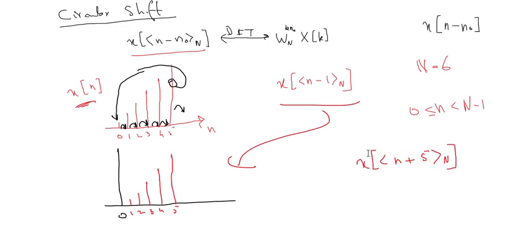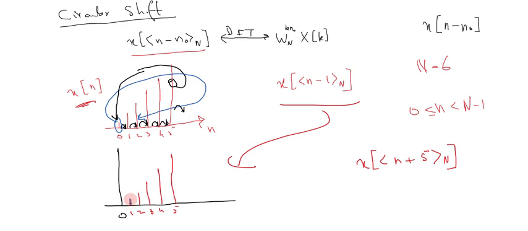In this case, instead of moving counterclockwise, you have to move clockwise for this time advance operation. So you have to move this sample 5 units in this direction. It will go here 1, then 2, 3 units, 4 units and 5 units.